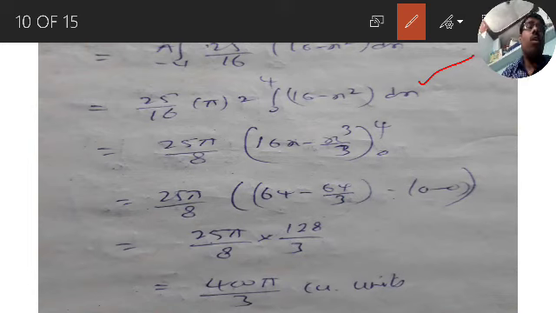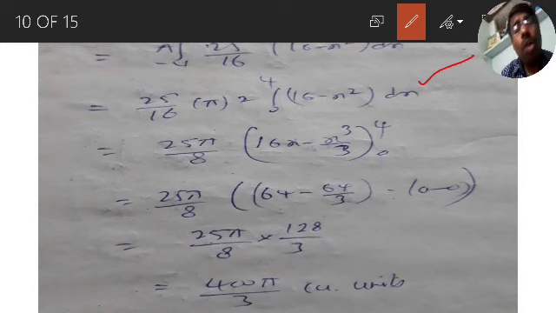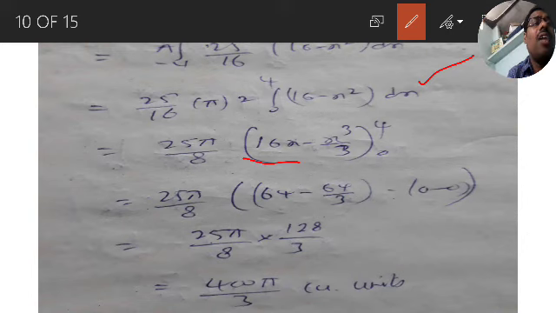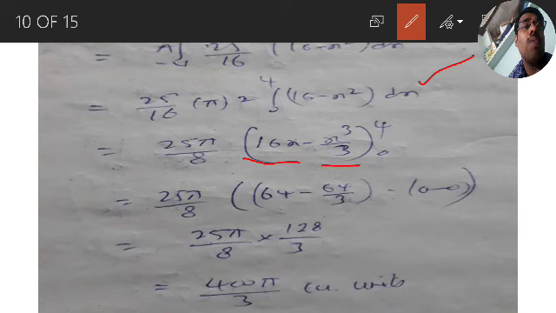Now what does the fundamental theorem of integral calculus say? You have to integrate, then upper limit minus lower limit. So integration of 16 constant dx is 16x, and for x square, integration of x power n is x power n plus 1 by n plus 1, so x cube by 3.